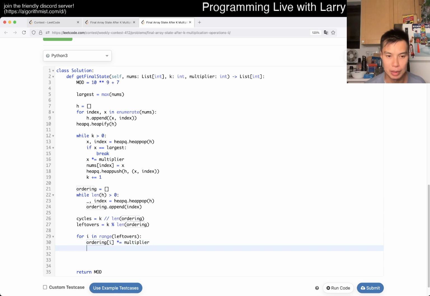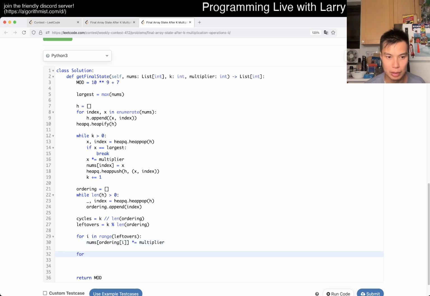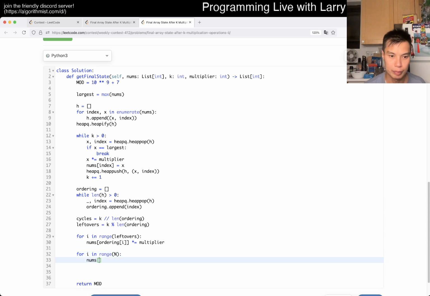Oh, not ordering sub i. Ordering sub i is going to be the index, so then it's nums of order. Okay. And then all the other ones by cycles.